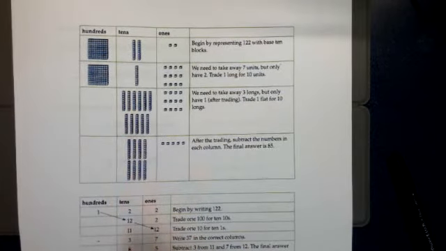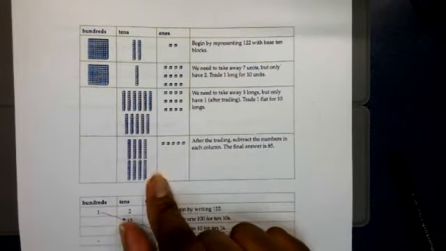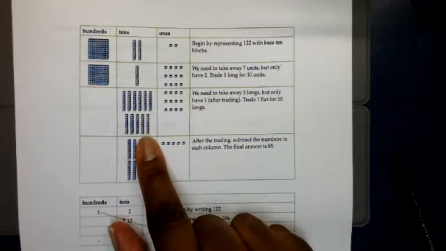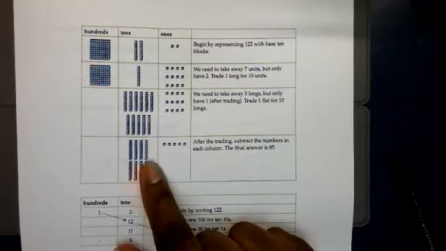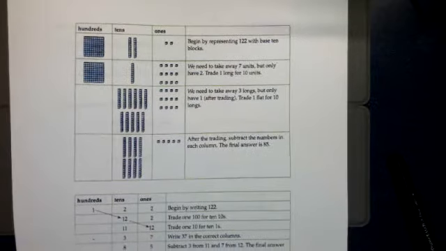And now, after all the trading is done, we can subtract the numbers in each column. So that means we can subtract 7 units and subtract 3 longs. You'll be left with 8 longs and 5 units for the total of 85. So 122 minus 37 will give us 85.